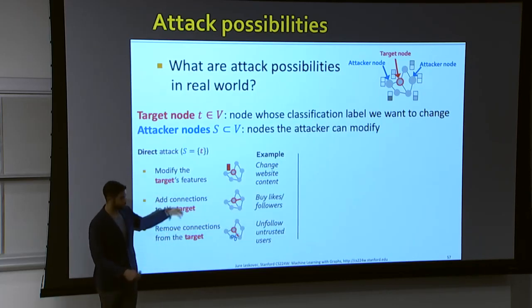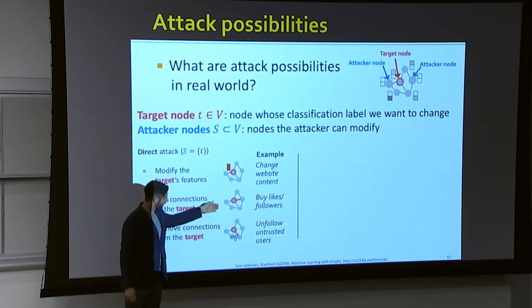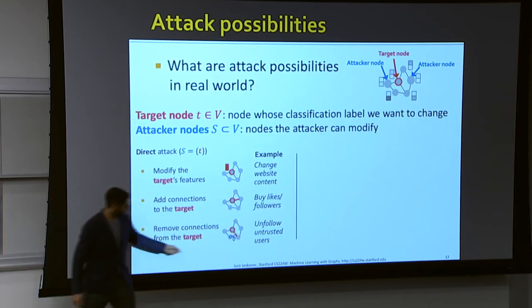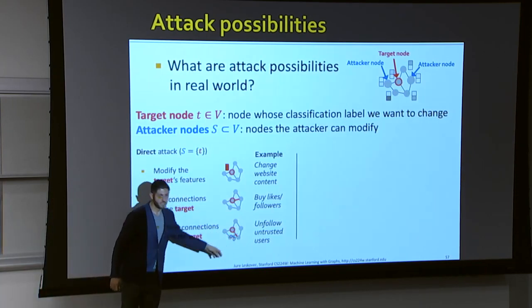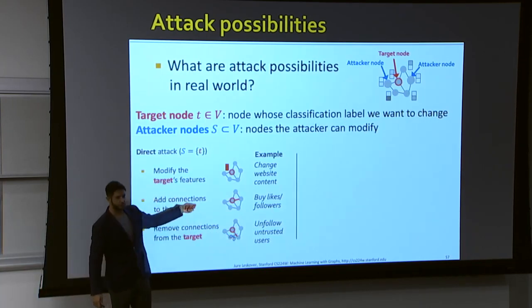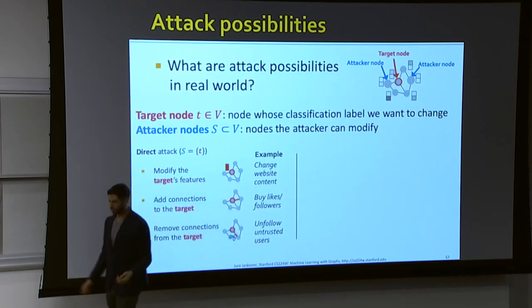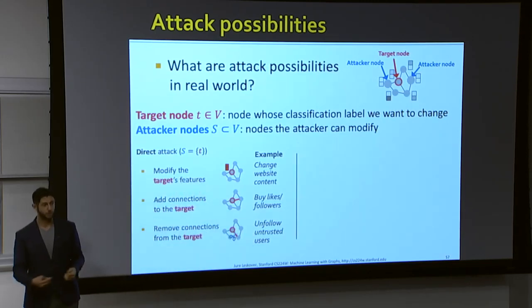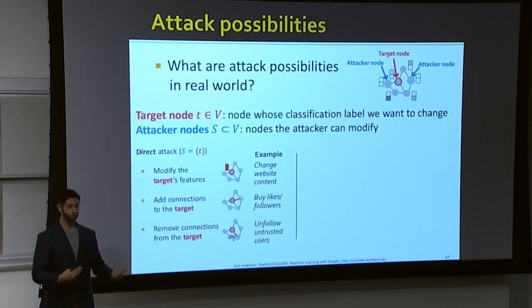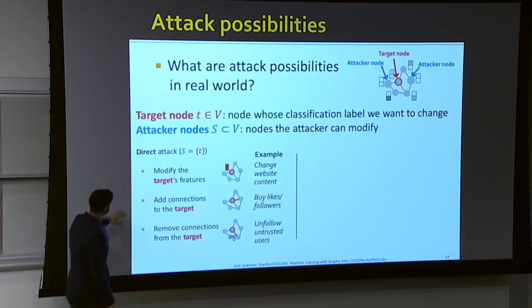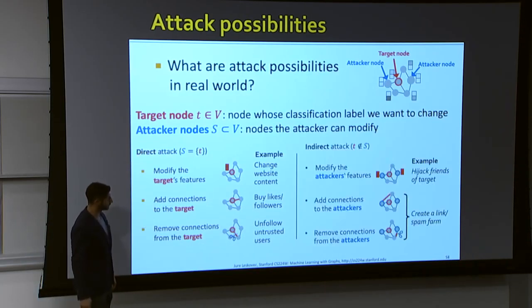We can get many more followers for our bot account from these spam farms, or we can also remove connections from the target. We can cut some edges in case our fake account is followed by a lot of untrusted users, then we can decide to get rid of them because perhaps Twitter knows that we're being followed by a lot of fake accounts. So these are the kinds of direct attacks that we can do directly on the target.